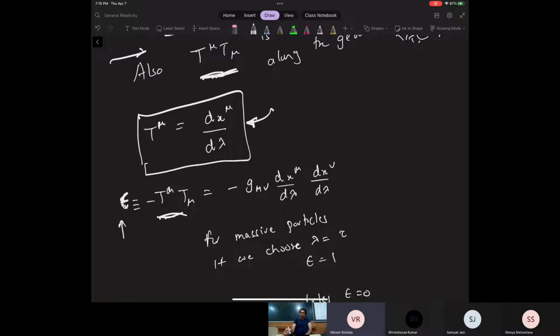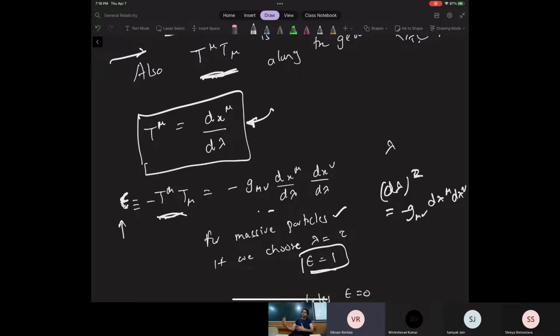Now we know that for massive particles, we can always choose lambda, which is an affine parameter, to be proper time. If we choose lambda to be the proper time, then d lambda squared is just minus g mu nu dx mu dx nu. In other words, epsilon is equal to 1.